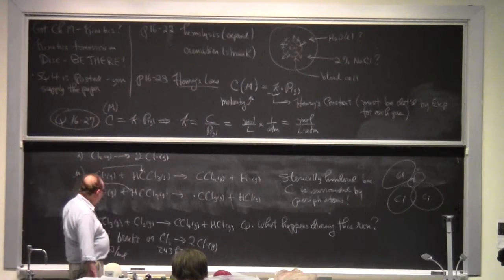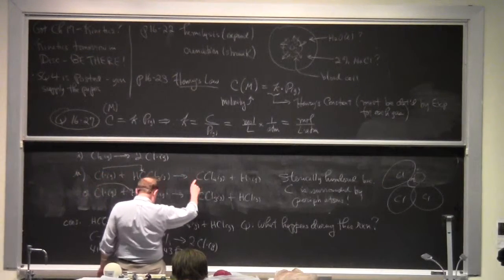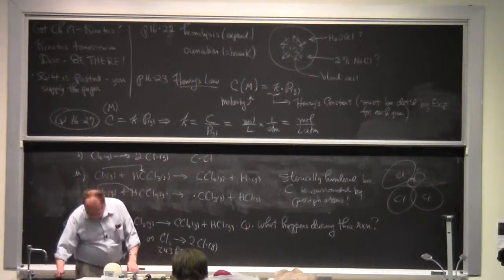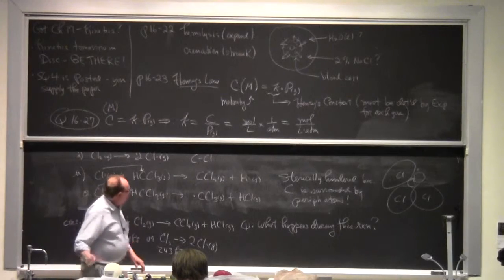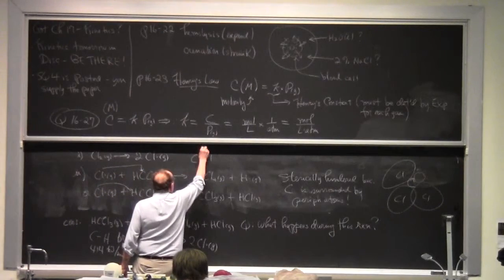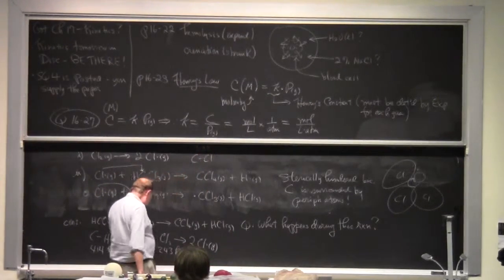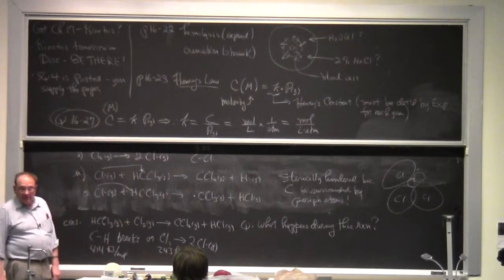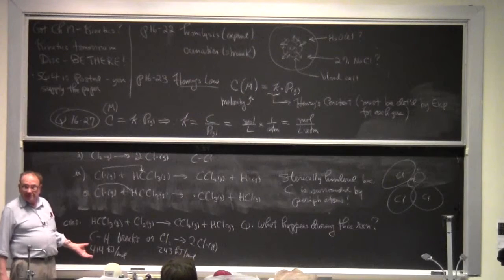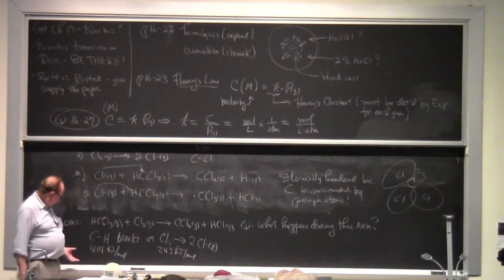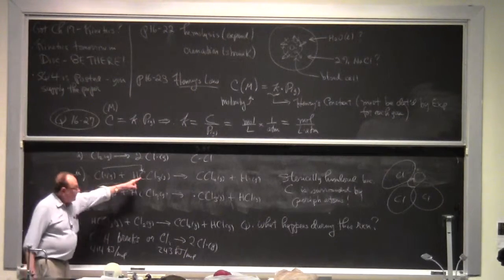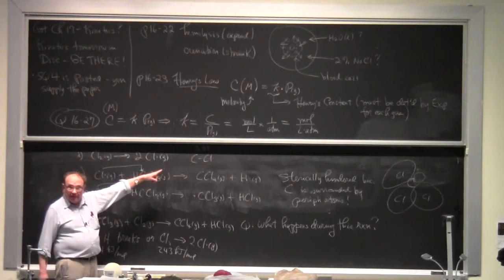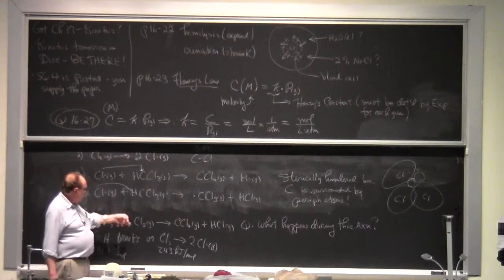Carbon-chlorine, from our table, is 339. Well, energy-wise this is not good. This is endothermic, isn't it? Because to break the carbon-hydrogen bond, which is part of this step, it costs 414, but you only get a payback of 339.